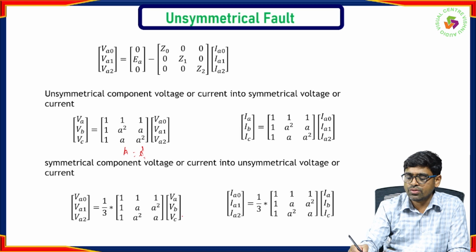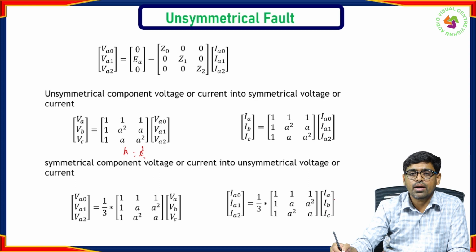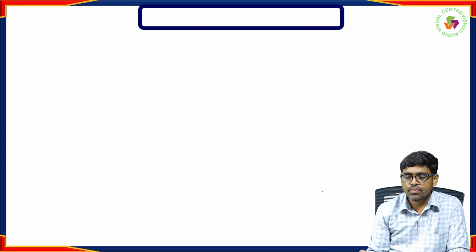Similarly for the current, IA0, IA1, IA2, the symmetrical components, equal 1/3 [1 1 1; 1 a a²; 1 a² a] times IA, IB, IC, the unbalanced quantities.